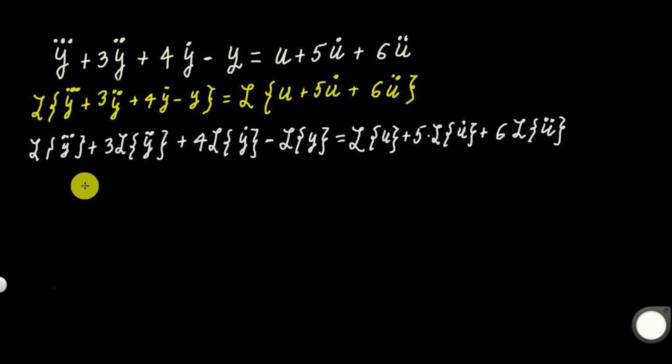Next, keep in mind that whenever you evaluate the Laplace transform for computing the transfer function, you will neglect the initial conditions. Let me show you this on the case of the Laplace transform of y triple dot.